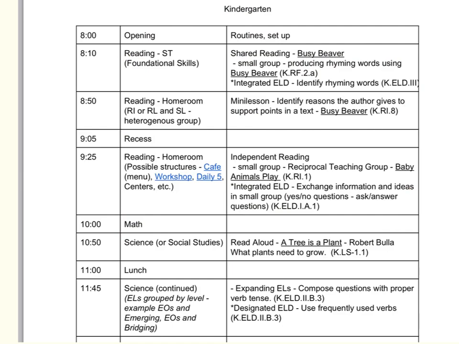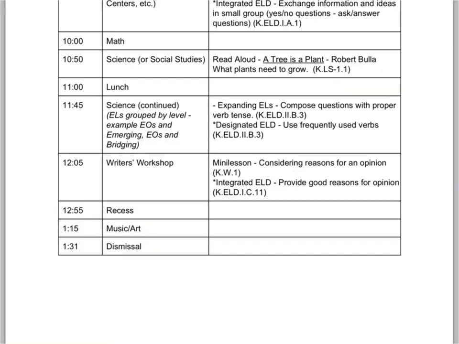Okay, I'm going to move on. Now, ideally, if we have 3 teachers in kindergarten, we would want to group ELs by level. So, for example, we would put the ELs with the emerging students with one teacher, the ELs with the expanding students with another teacher, and then ELs with bridging students with another teacher. So that's how we would do it if there's a configuration of 3 teachers.